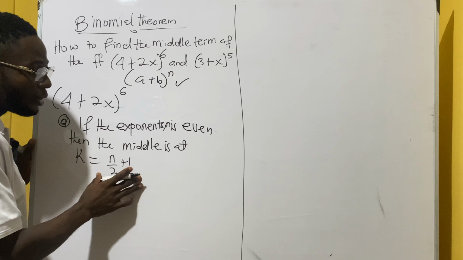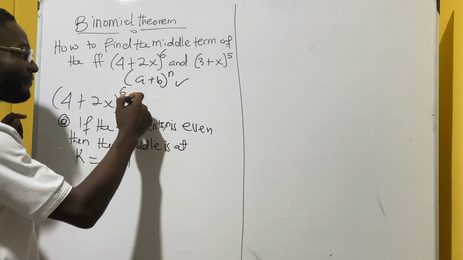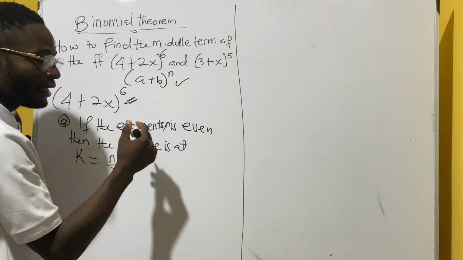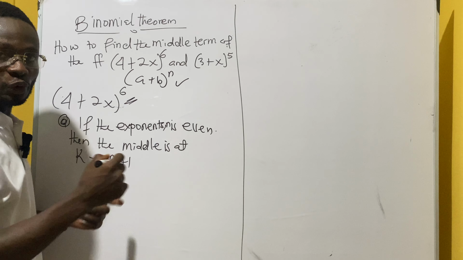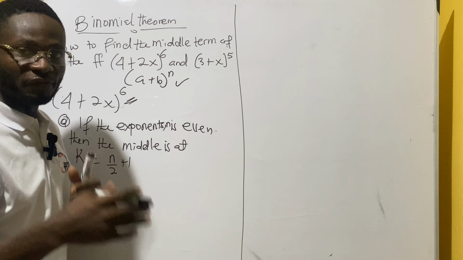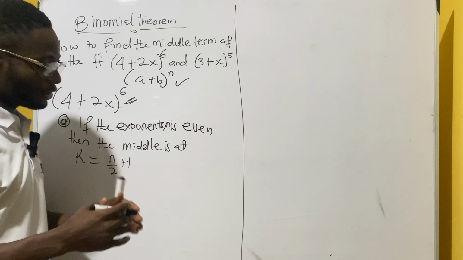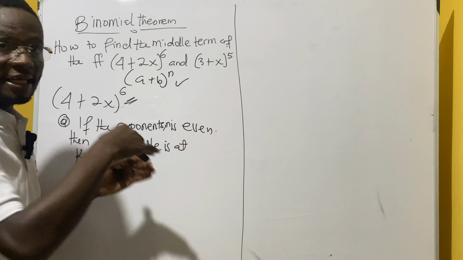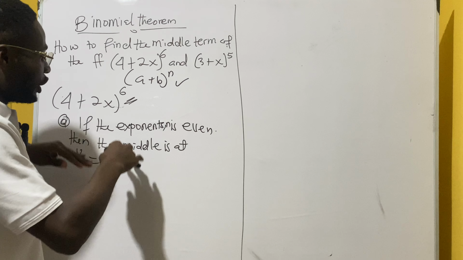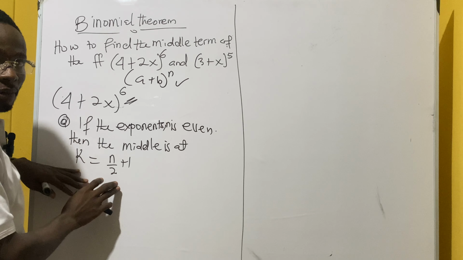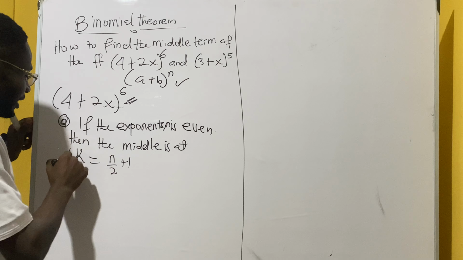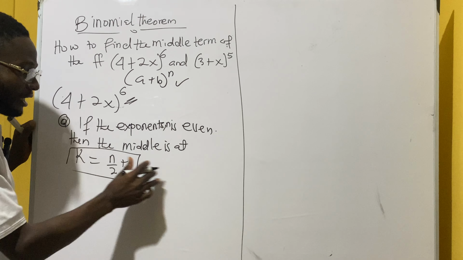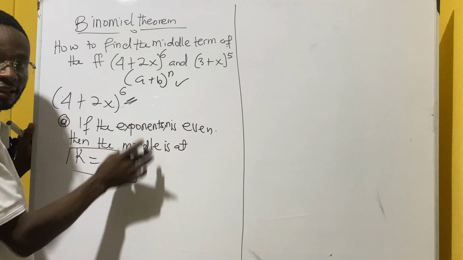That is how we find the middle term if the exponent or the degree is even. Even numbers: 2, 4, 6, 8, 10, 12, 14, and so on. So if the exponent is an even number, you can use this formula to find the middle term.